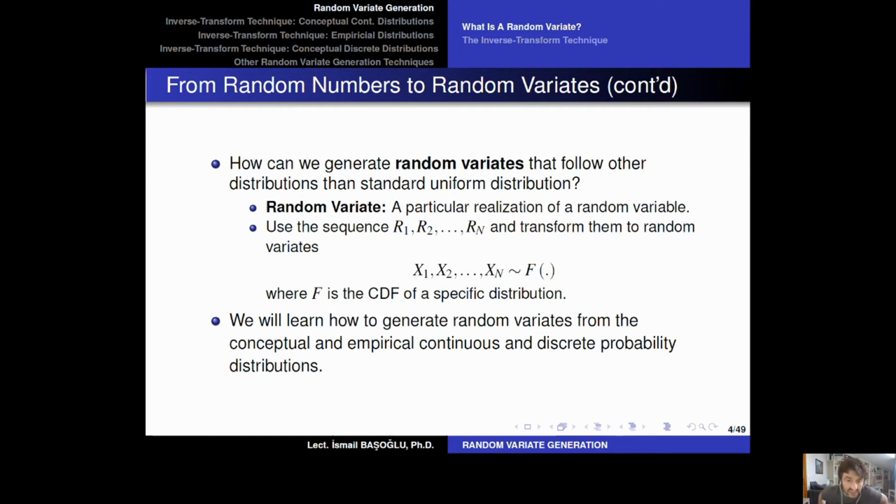Now, in this chapter, our objective is to learn how to generate random variates from a conceptual distribution, a known and famous distribution, such as the normal or exponential distribution, or empirical continuous and discrete probability distributions, which means they may not actually be known, but they may be defined through their probability density functions or probability mass functions, or they can be generated through the data itself. So we are going to learn all of them in this chapter.